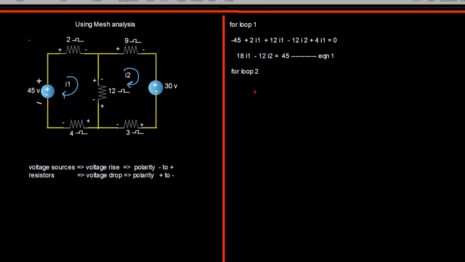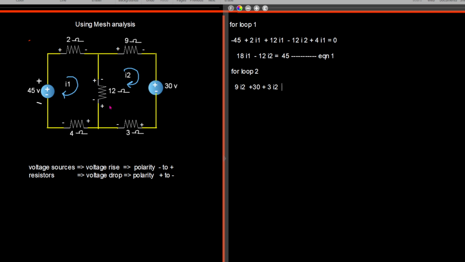We apply the mesh analysis for loop 2: 9 I2, then here it is going from plus to minus for 30 volts, so it is plus 30. When you go through this path, the 3 ohm resistance, it is also plus 3 times that current I2, then that current will be flowing through this 12 ohm resistance.